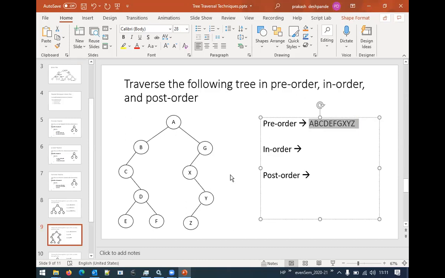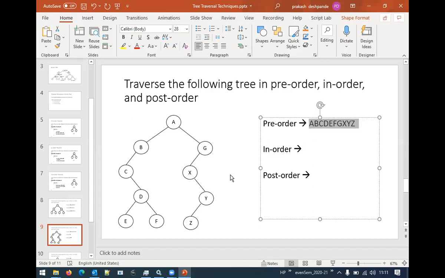All the nodes were visited exactly one time, and there is a proper technique used in order to visit each and every node, wherein the root node was kept at the middle, followed by left, followed by right.